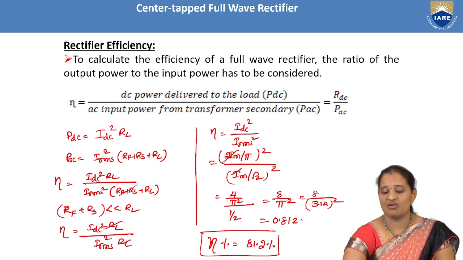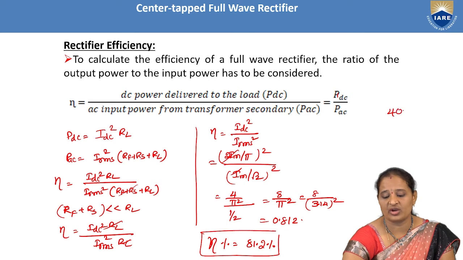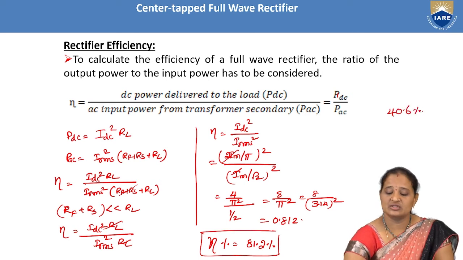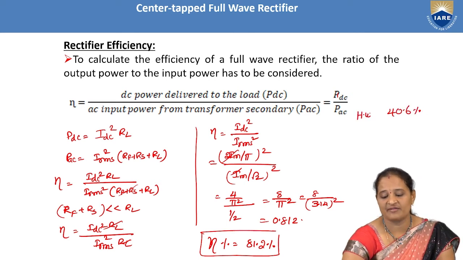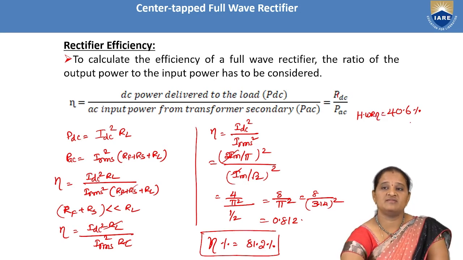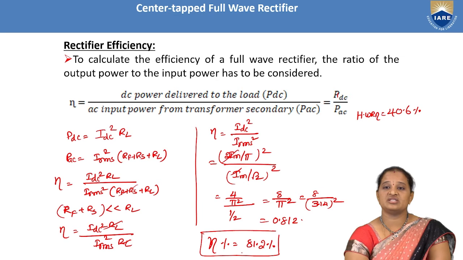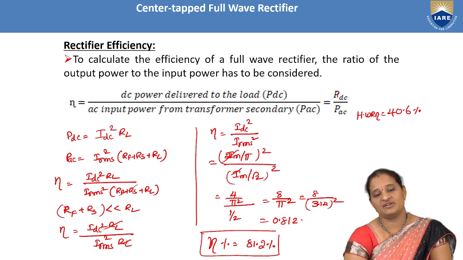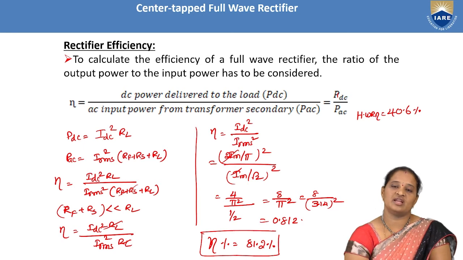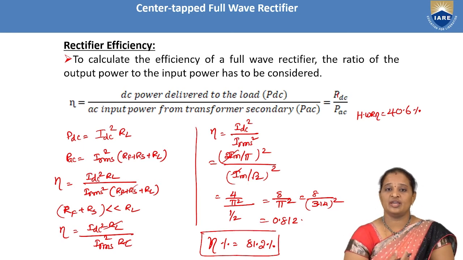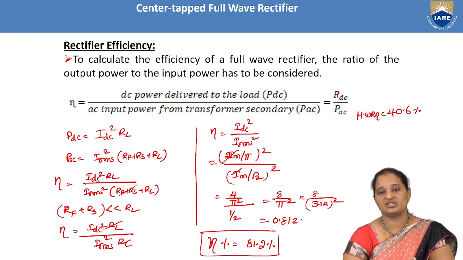Whereas the efficiency of the half wave rectifier was 40.6%. So now if you observe this, the efficiency of the full wave rectifier is just double the efficiency of the half wave rectifier. That means the efficiency got improved. This is an advantage here.